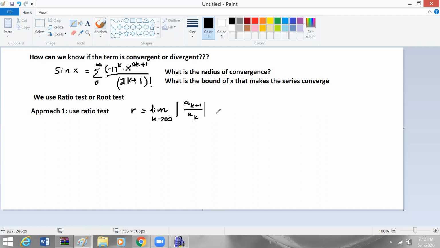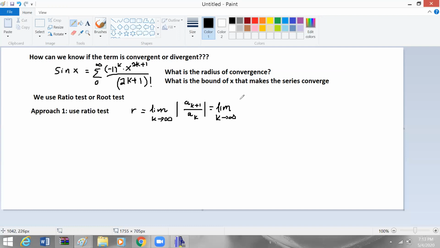So now we're going to check that part. How can we check this? We're going to rewrite the limit as k goes to infinity. Remember, when we take the absolute value, we don't really care about the -1 to the k, so we ignore that.